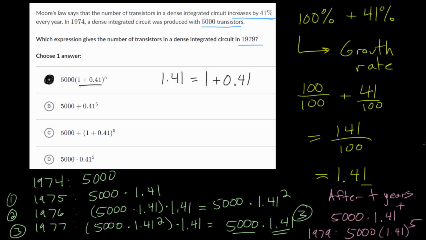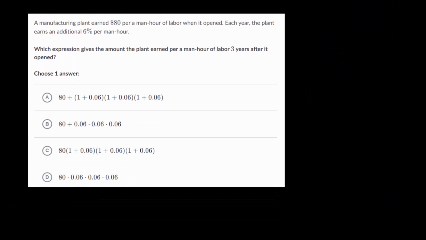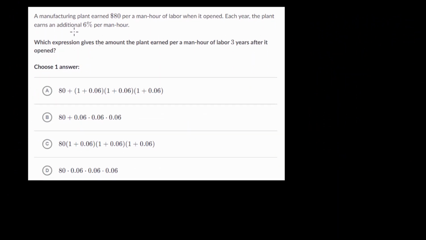So let's move on. Let's look at one more of these problems. In this one, we have a manufacturing plant that earned $80 per man hour of labor when it opened. Each year, the plant earns an additional 6% per man hour. Which expression gives the amount the plant earned per man hour of labor 3 years after it opened? So we start with $80 per man hour of labor, and we're going to increase it by 6% every year.